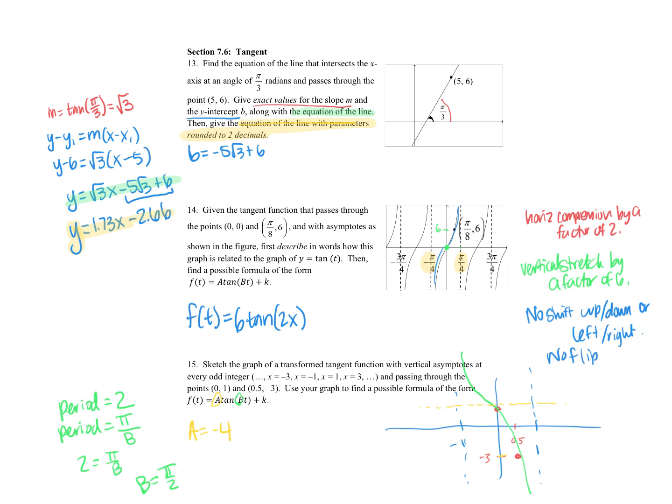And then for the k, that would be my shift up and down, and I have shifted the middle of my function up 1 unit, so that my k is equal to 1. And so now I can write out my function. So I have f of t is equal to -4 tangent of pi over 2 t plus 1. So there's my final answer there.